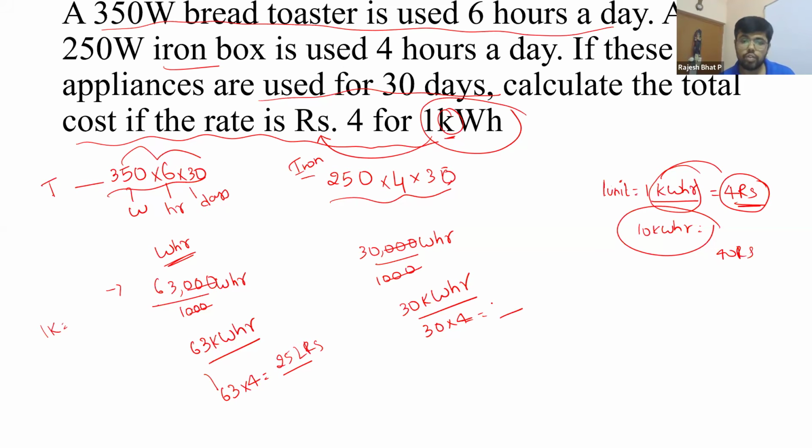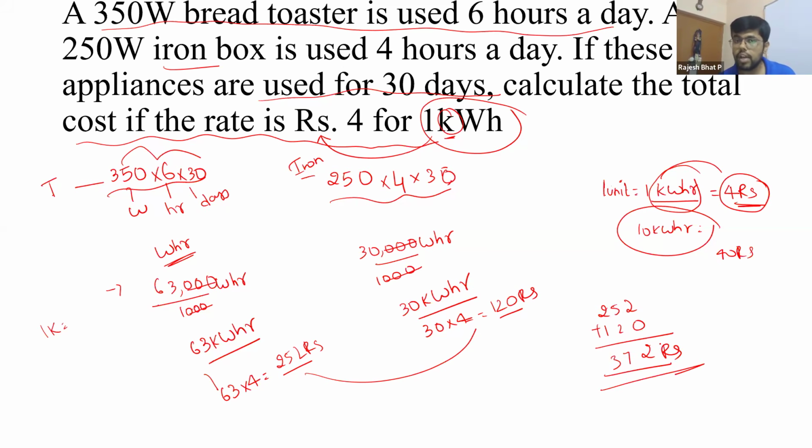Same way 30 into 4 is 120 rupees. Now we want the total cost, so just add both of them: 252 plus 120. Therefore 372 rupees I have to pay as electricity bill, only for the iron box and bread toaster.